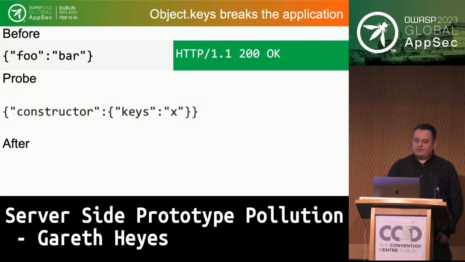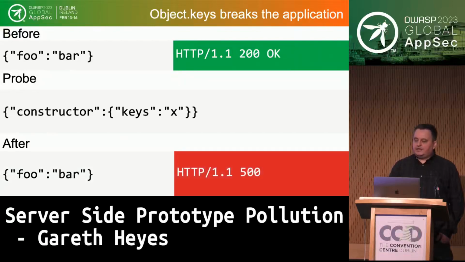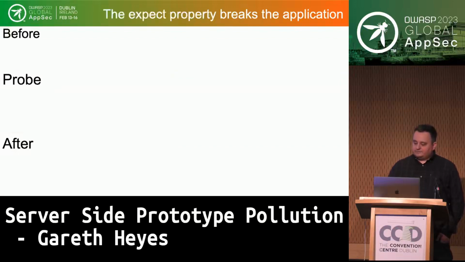And the probe alters the object constructor, modifies the keys function. What's interesting is this isn't actually prototype pollution because there's no prototypes involved. But what it does is it modifies the Object.keys method with a string. And then whenever you make a JSON request, you get a 500 back. And obviously that detects prototype pollution, but you can't break every request on the application, so it's not ideal.